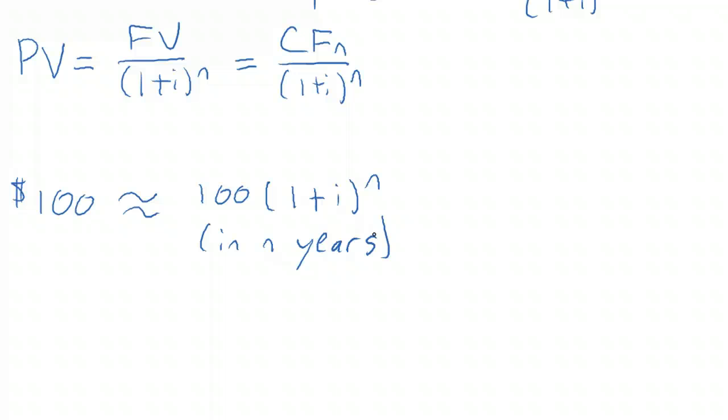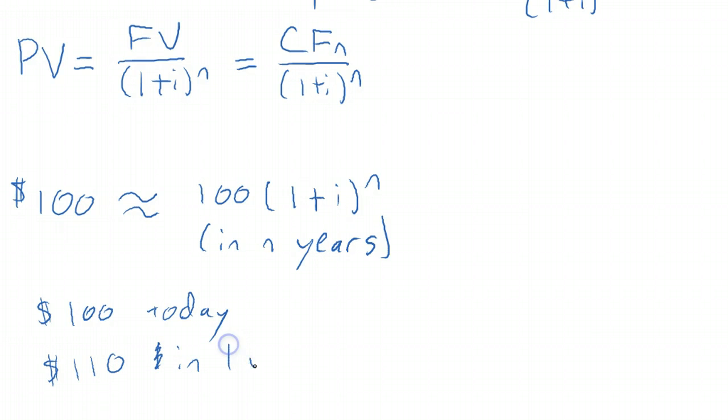Because if I'd rather have the money today and instead I'm getting it next year, I just borrow $100 today and then use the future cash flow to repay my debt. So for example, I have $100 today and I wished I had $110 in 1 year.